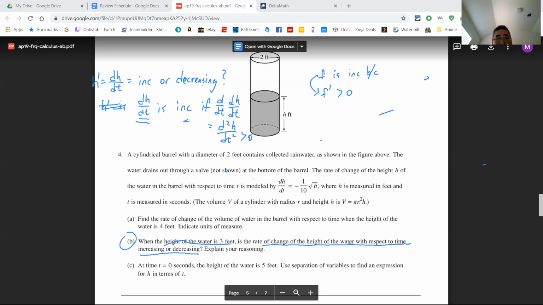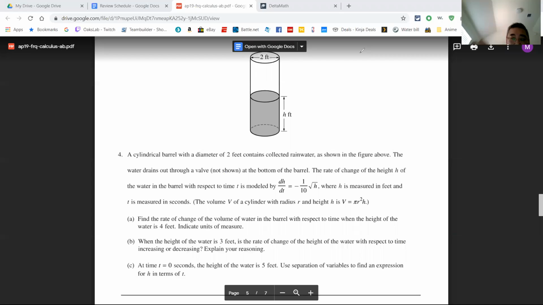Okay? So clearly, to figure this out, I need to find the second derivative. That is the goal here for part B. I need to find the second derivative. Positive, then I know the rate of change of the height with respect to time is increasing. And if it's negative, then I know it's decreasing. So that's my goal. So they already gave me the first derivative right here.